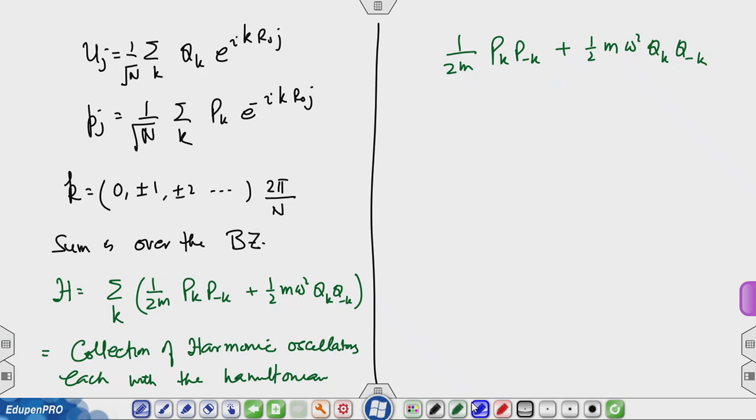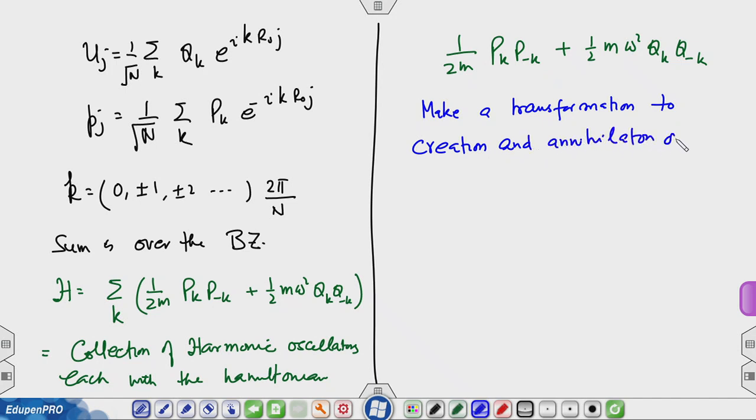Now, what we are going to do is make a transformation to creation and annihilation operators, because that will make things very easy.